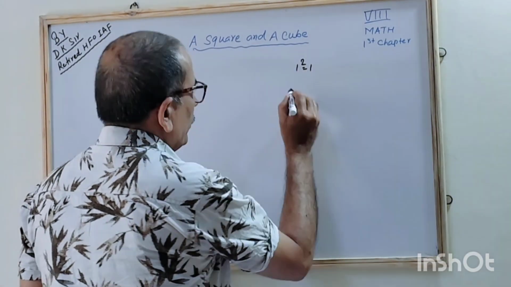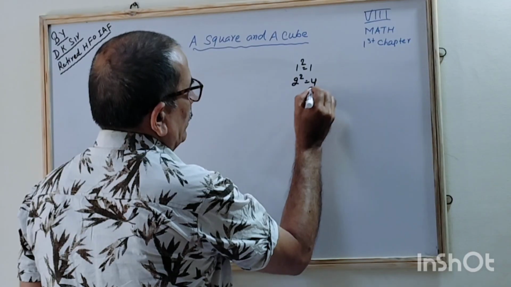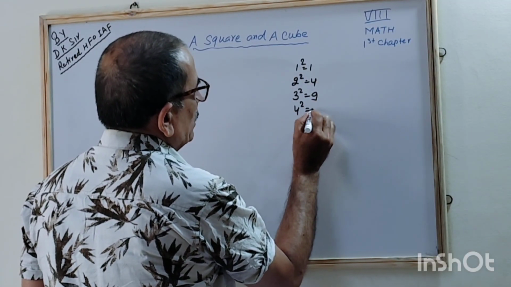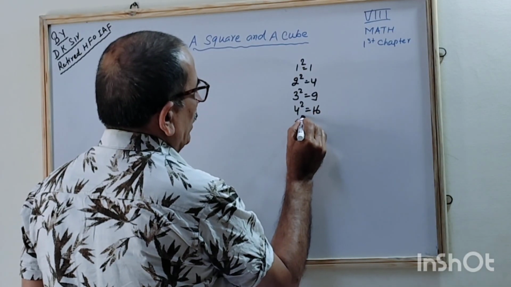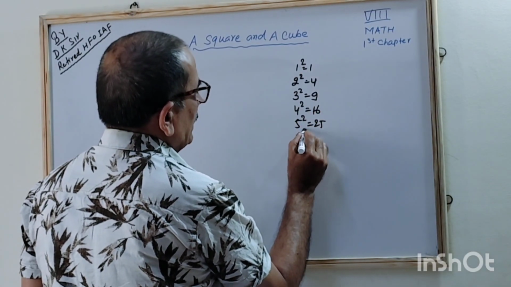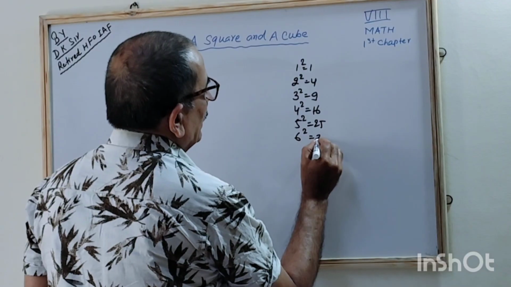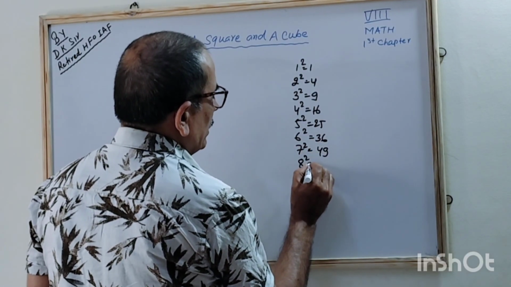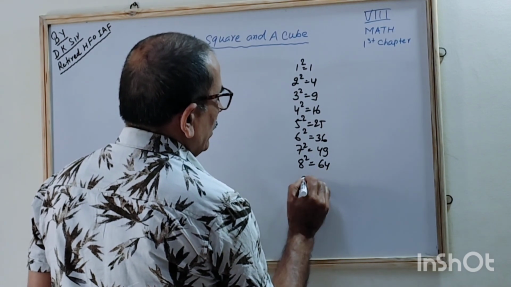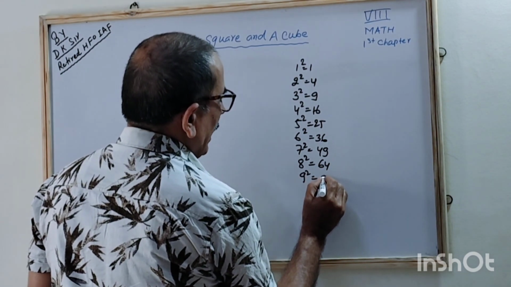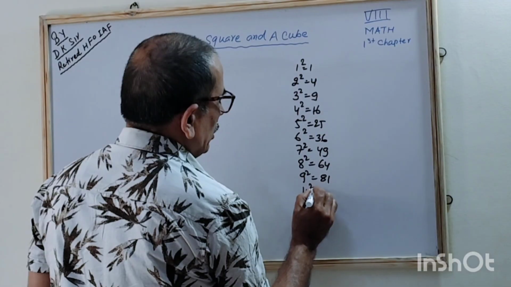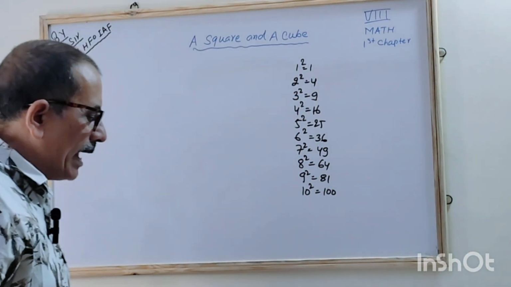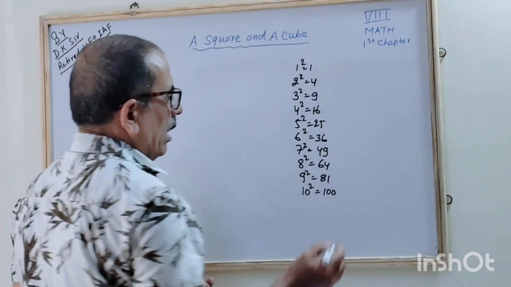Am I right? 2 square is equal to 4. 3 square means 3 into 3, 9. 4 square is equal to 16. 5 square is 25, and 6 square is equal to 36. 7 square is equal to 49, and 8 square is equal to 64. 9 square is equal to 81, and 10 square is equal to 100, correct? So that is the way, multiplying 2 times, you can see how it is coming.